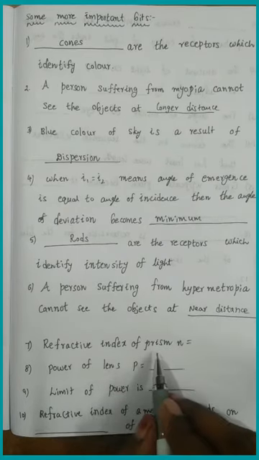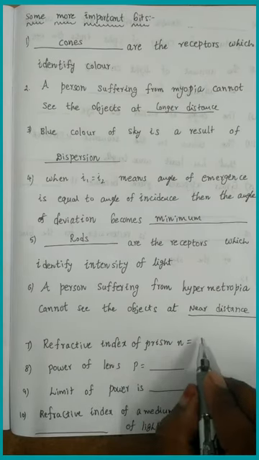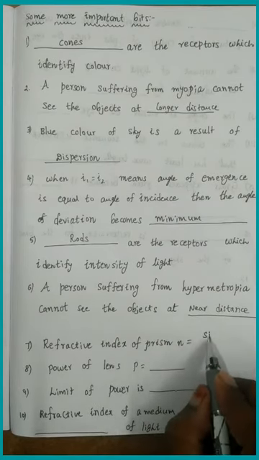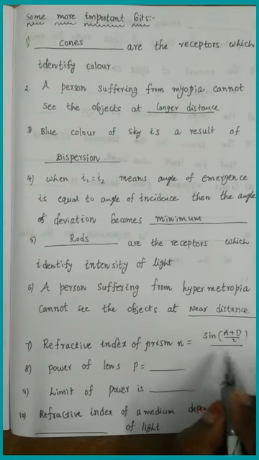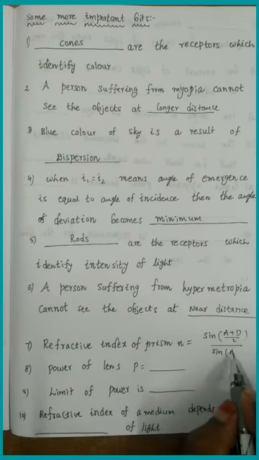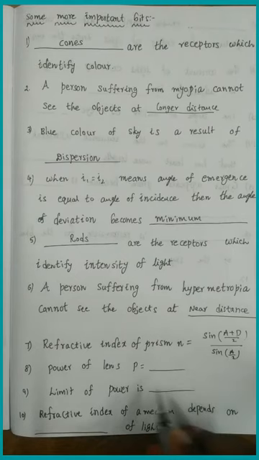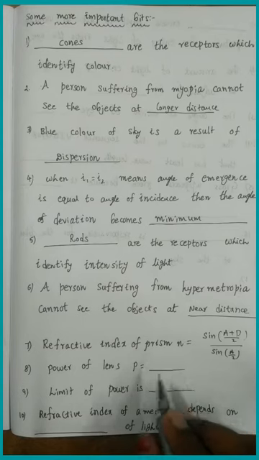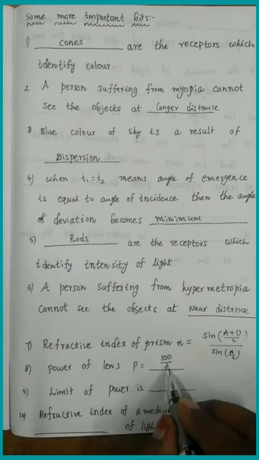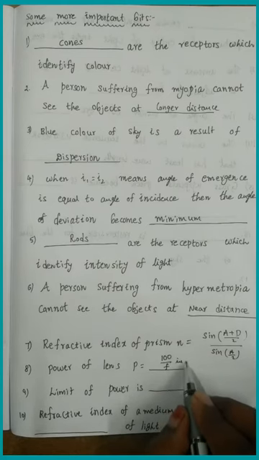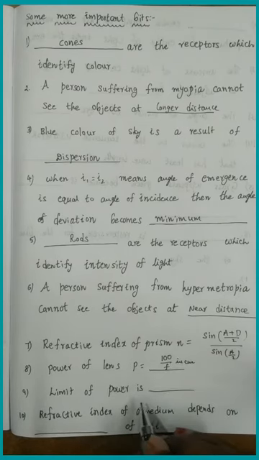The refractive index of the prism: what is the formula we got? n equals sine of (A plus D) by 2 divided by sine of A by 2, where A is the angle of the prism and D is the minimum deviation. Power of lens formula is 100 by focal length, actually with the focal length in centimeters. The unit of power is diopter.